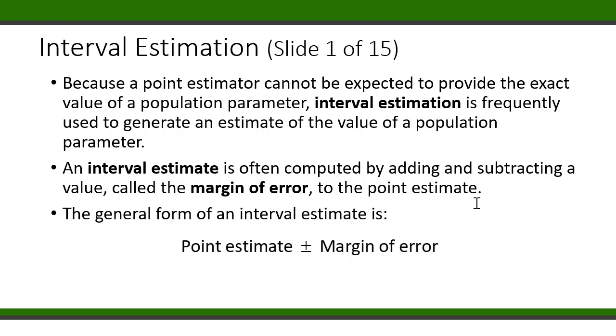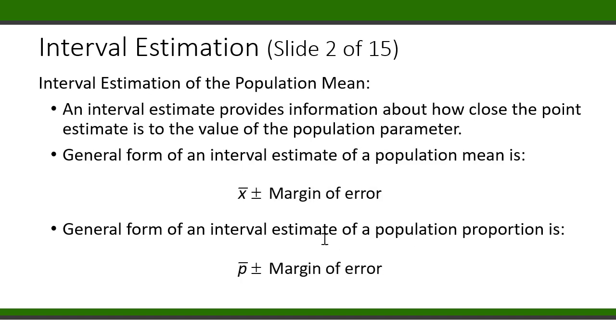So in the previous slide I said, well, what if it's 2.5%? The margin of error might be 5 if it's plus or minus 5, or plus or minus 2.5. So you have what you actually estimated plus or minus that margin of error. For the population mean, it's x bar plus or minus the margin of error.